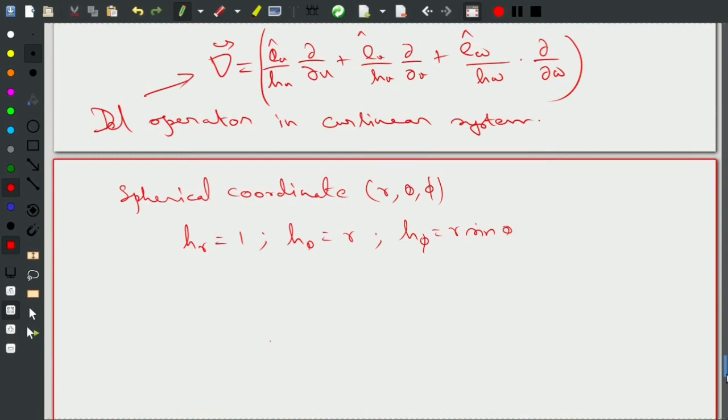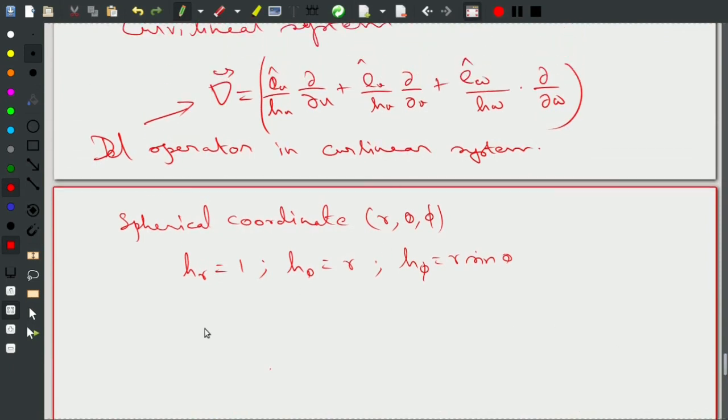Let's substitute this into the gradient of any scalar function. Here we have a confusion, because this phi is the angle, so let me rewrite this into another form.